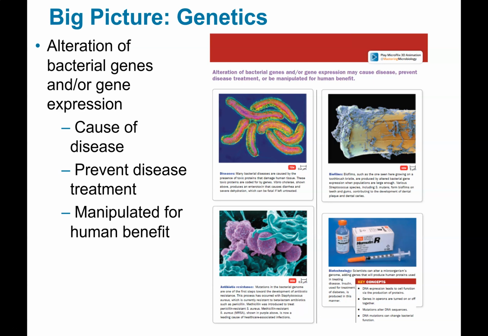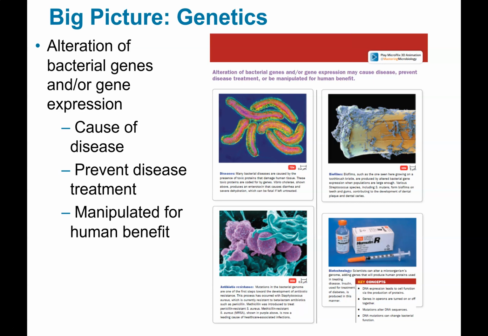Why is this chapter important? Why is it important to understand genetics? Well, because it plays a big role in virulence and pathogenicity of microbes. It plays a big role right now in issues with antibiotic resistance. It's important for us so that we can control disease, so that we can create medications as well as vaccines.